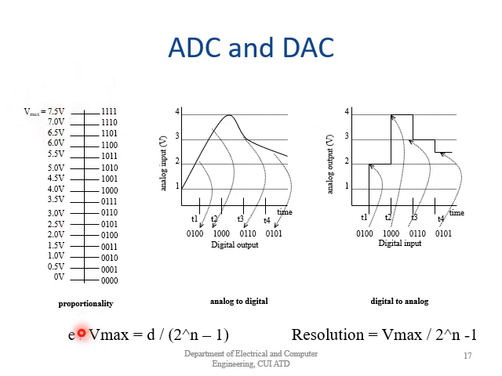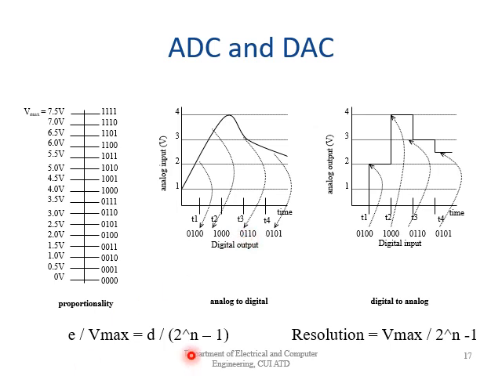So 3 divided by 7.5 is equal to D divided by 2 raised to the power 4 minus 1, where D is our desired digital signal, which comes to be 0110. So what is that going to become, 1, 2, 4? It is going to be 6.